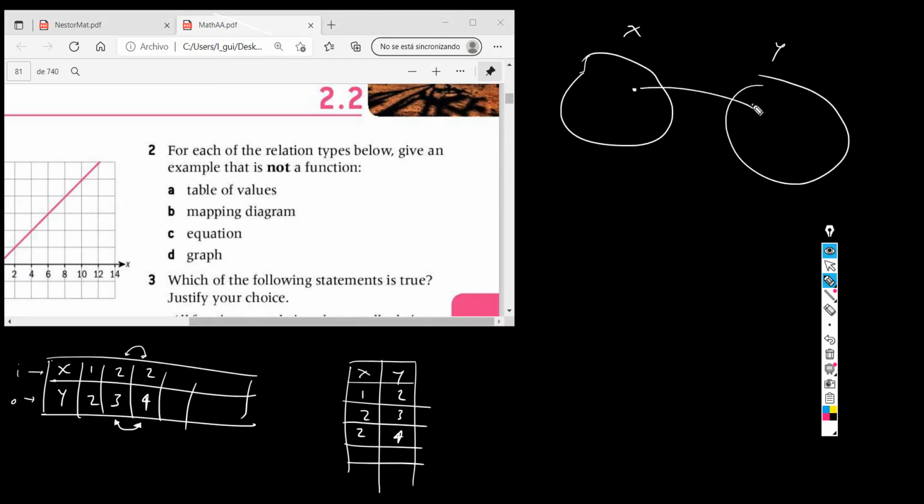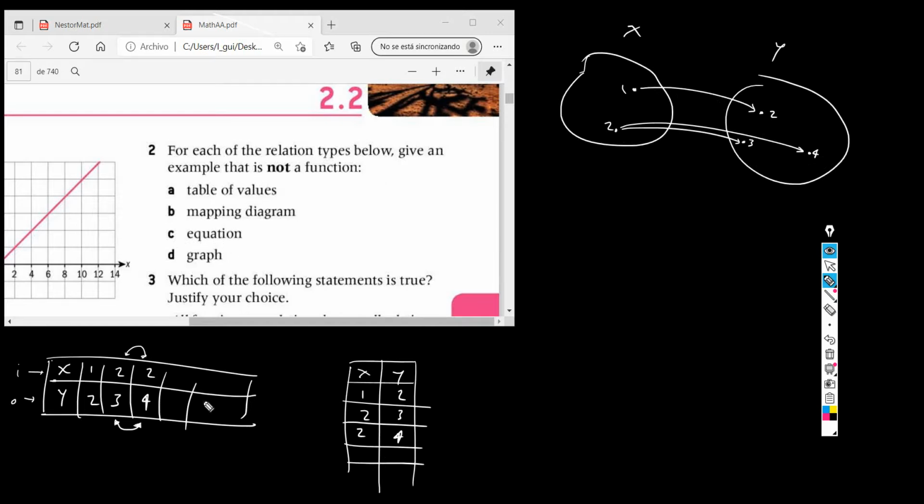One is mapped into two, and that reflects this part here. And then two maps into three, but also two maps into four. So this is the number two, and it's being mapped into the number 3 but also into the number 4. That's it. This is the mapping representing this table of values.